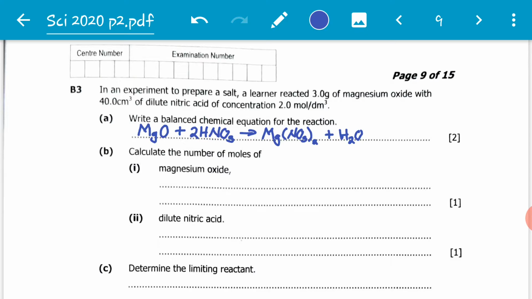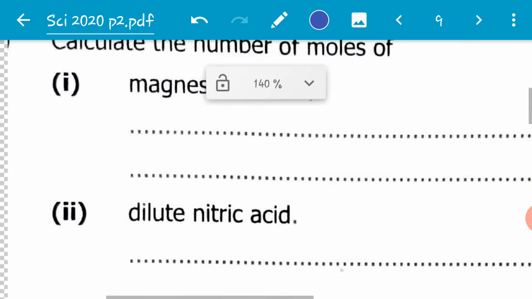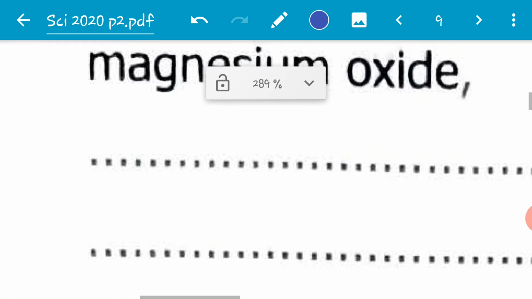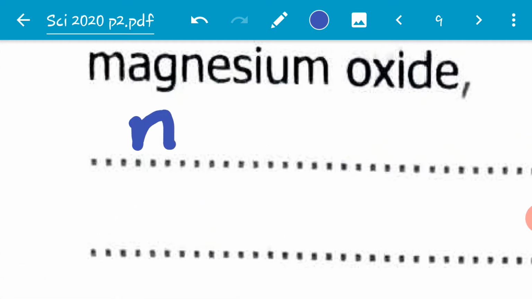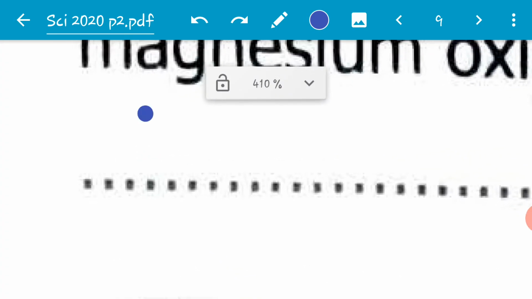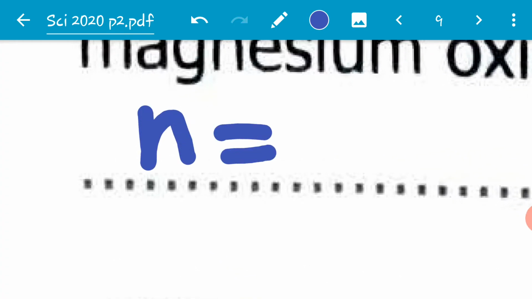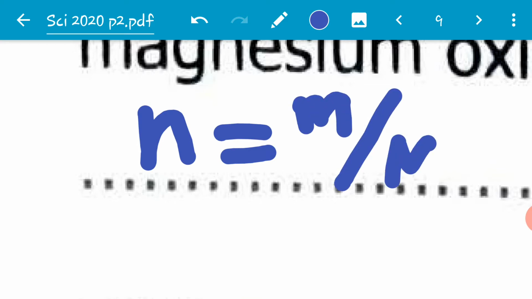So we are going to use the formula: number of moles N is equal to the physical mass M over the molar mass. So the physical mass divided by the molar mass.